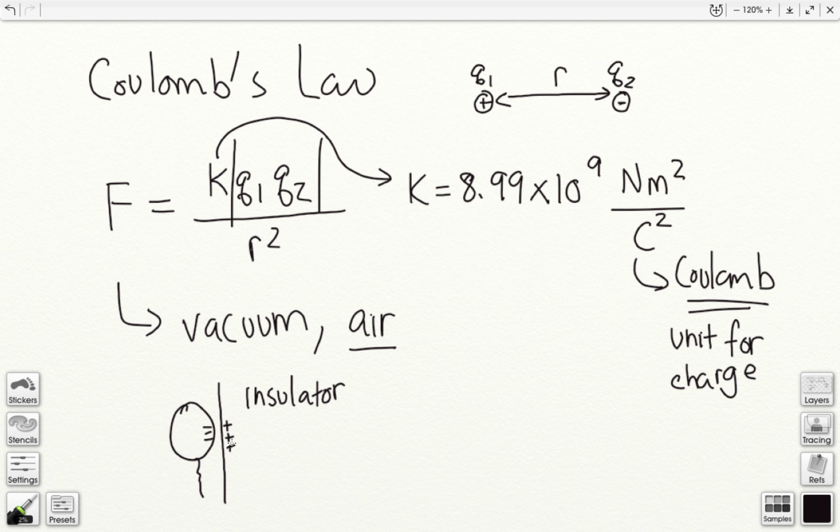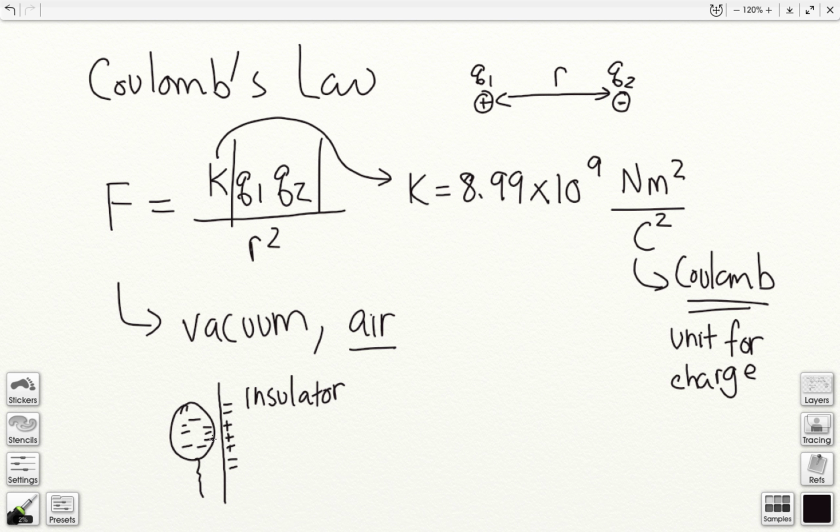But what will happen is, on the wall, the charges will align themselves. Let's say the balloon is negatively charged after it's been rubbed by someone's hair. The particles on the wall will align themselves so that the positives will be as close to the electrons as possible, and the negative charges will align themselves on the outside.